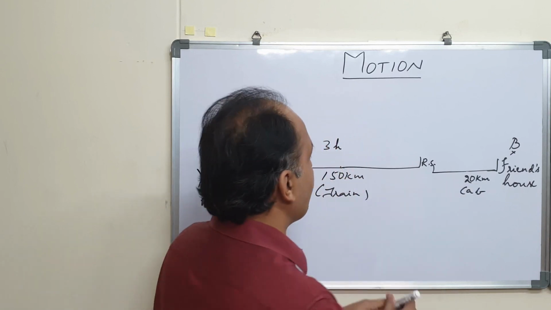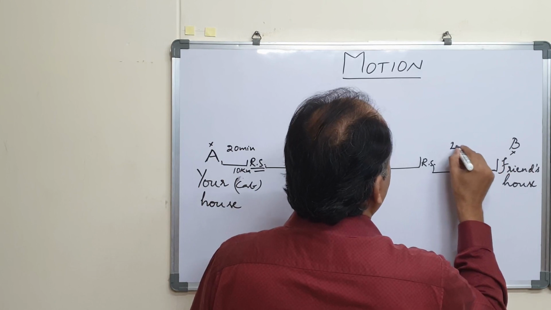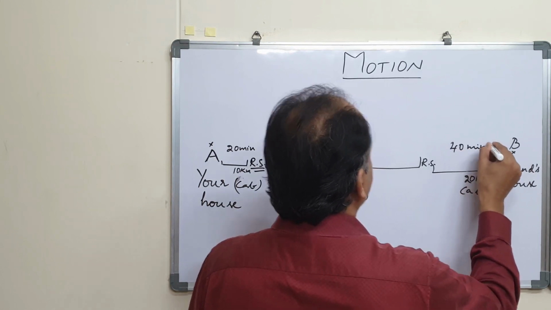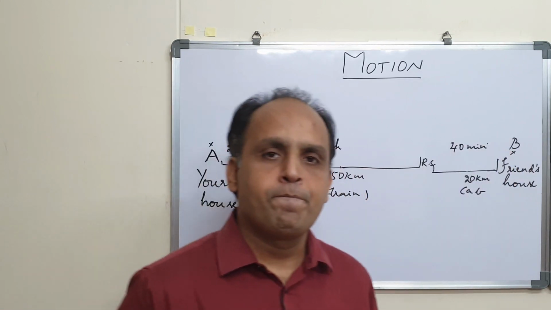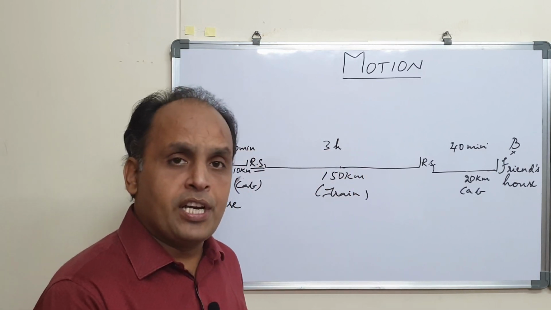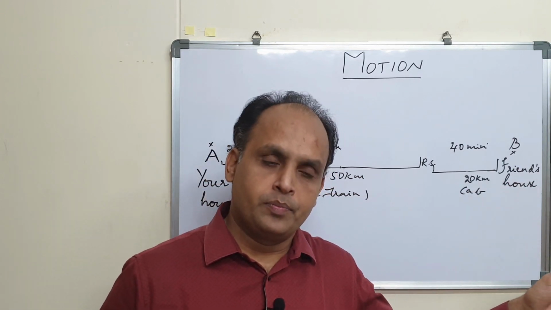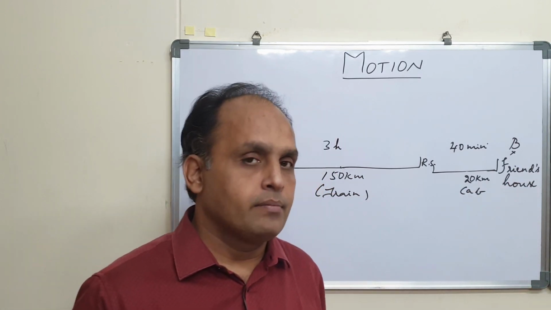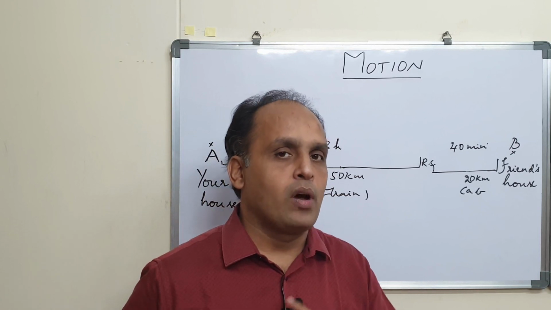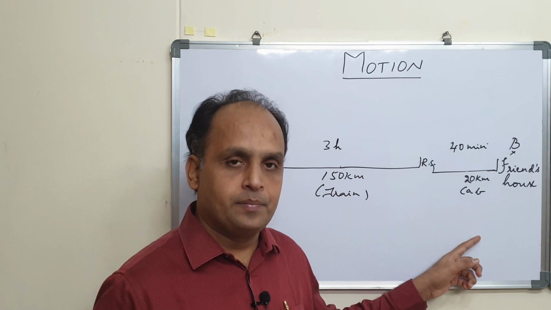For this 20 kilometers, let us suppose that it has taken some 40 minutes. So this is your total journey from your house to your friend's house. Here the journey is not happening in one vehicle: cab, train, and again cab.